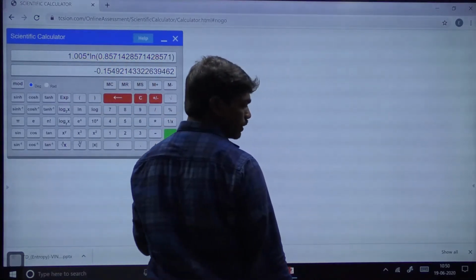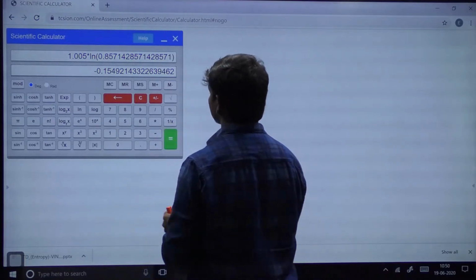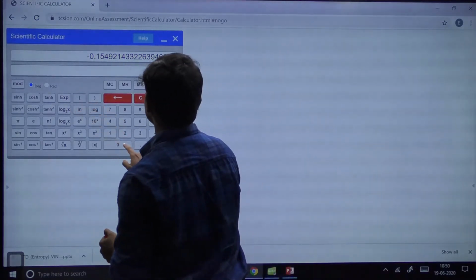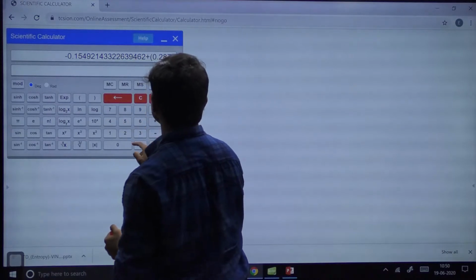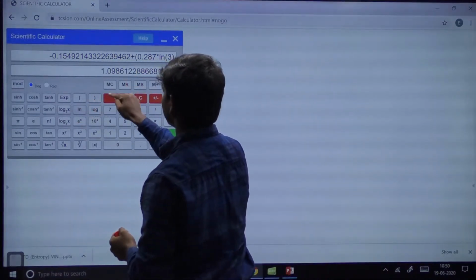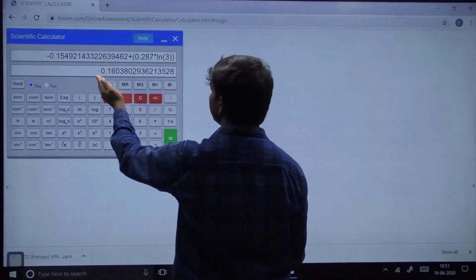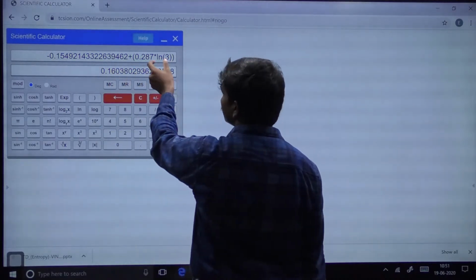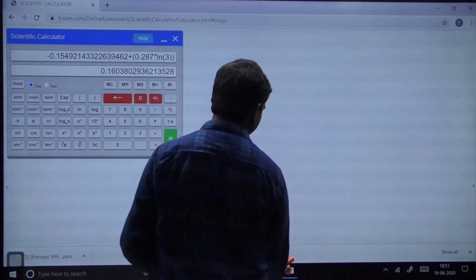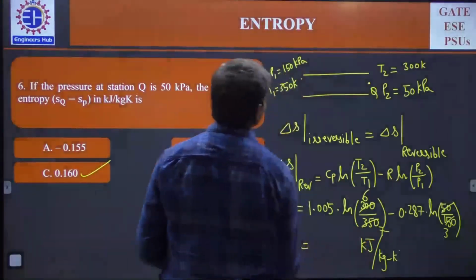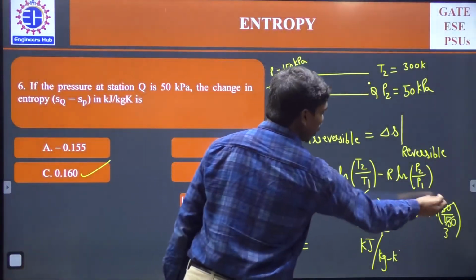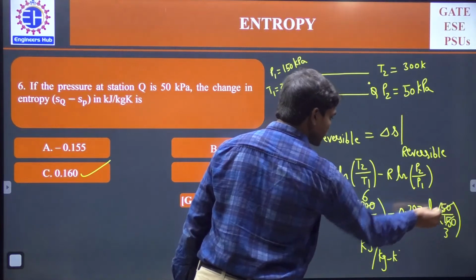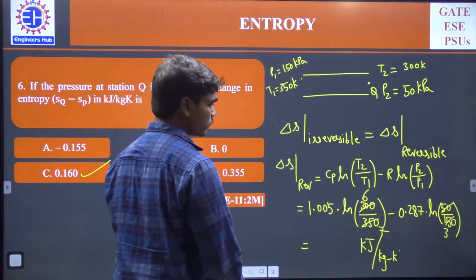Now to this we need 0.287 into ln 3, so plus 0.287 into ln 3 value. Together this will totally give you 0.1603. See, I used ln 3 because I used a plus sign here. Actually here we have minus of ln 1/3, so if I use this as ln 3, you can change it to a plus sign.